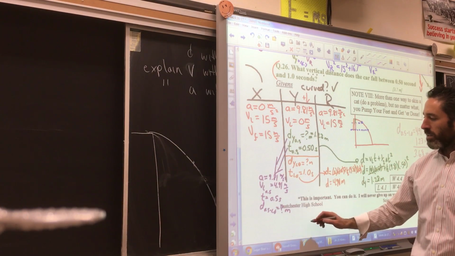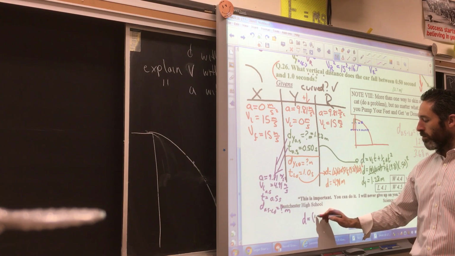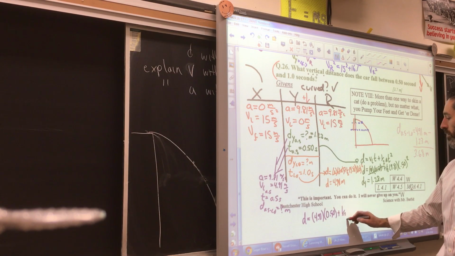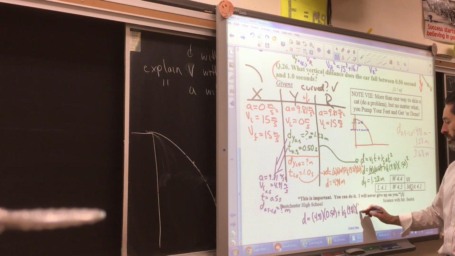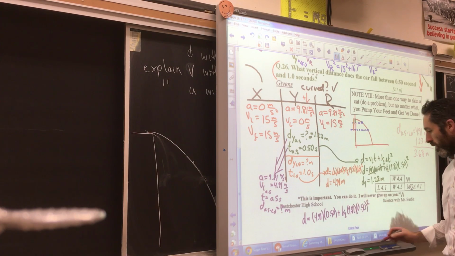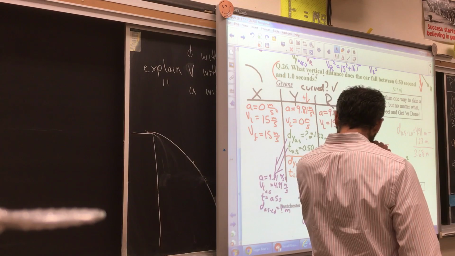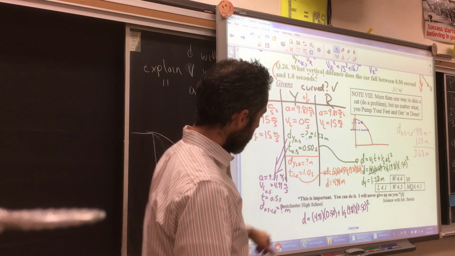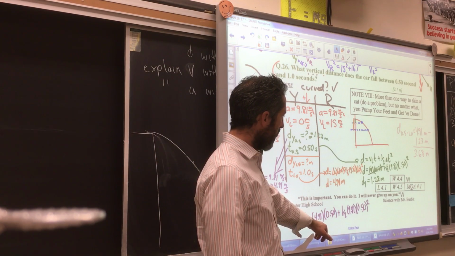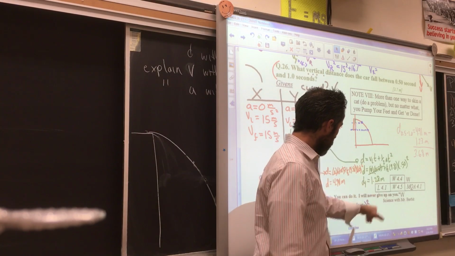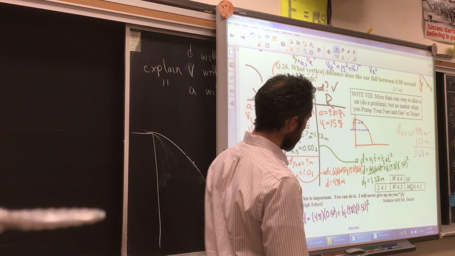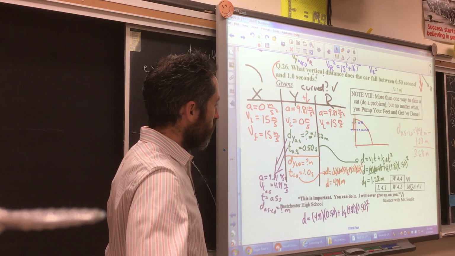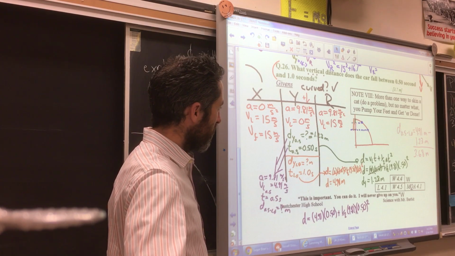Again, D is VI, this time 4.91 times T, plus 1/2 A T squared. You can see for yourself that this also comes out to our 3.68. Basically, half of 4.9 gives about 2.45, plus the same term we did before, 1.23. So about 2.5 and 1.2, you get your 3.7 again. It works.